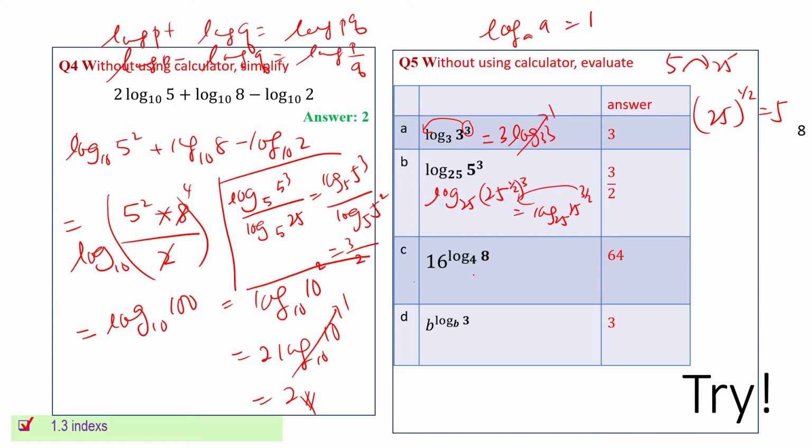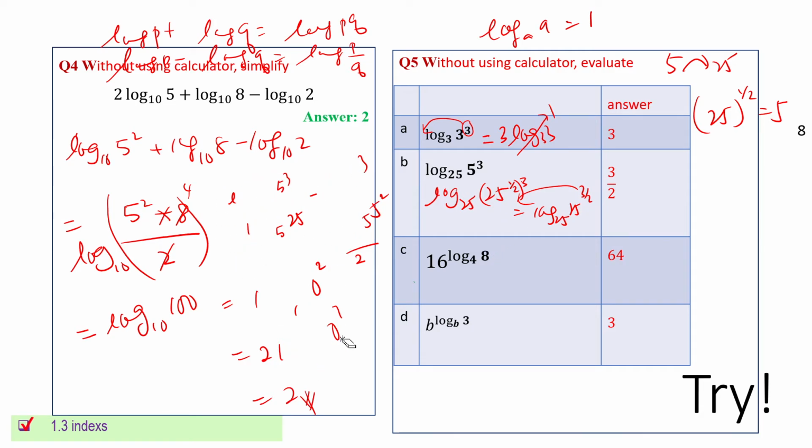Okay, so either you change this one to base 4 or you change this one to base 16. Or we can change everything into base 2 also. Okay, so change everything to, let's say, base 2.